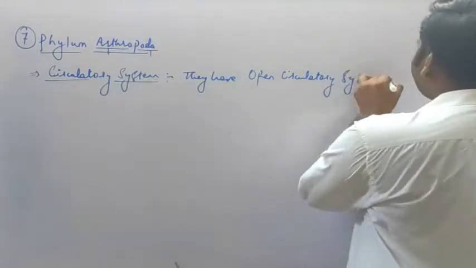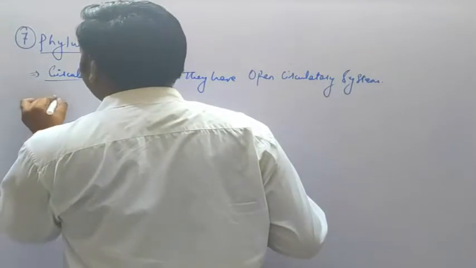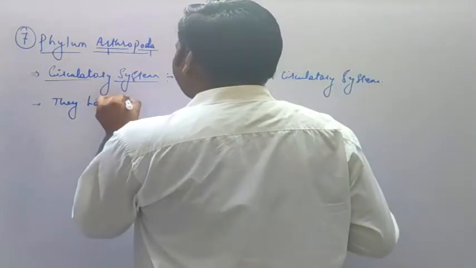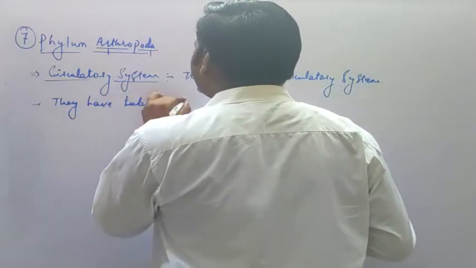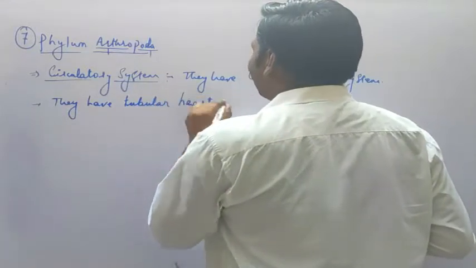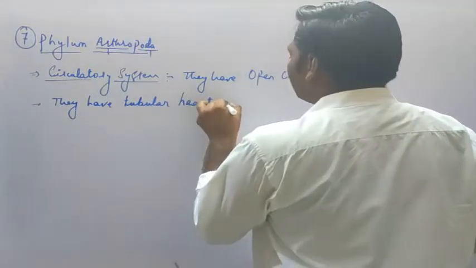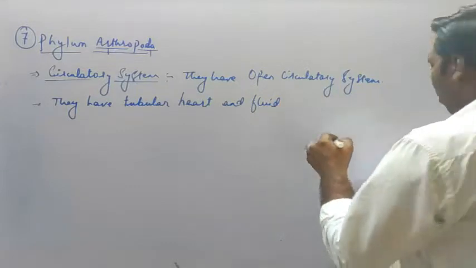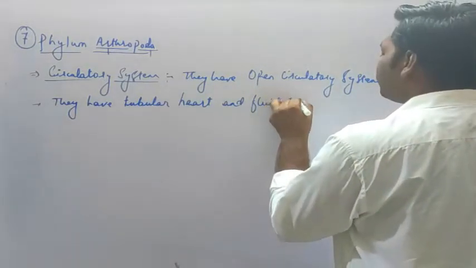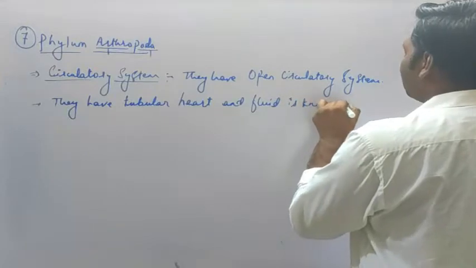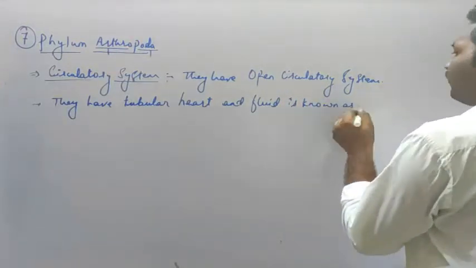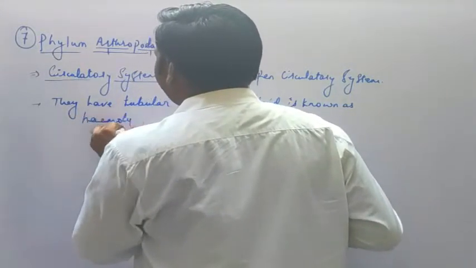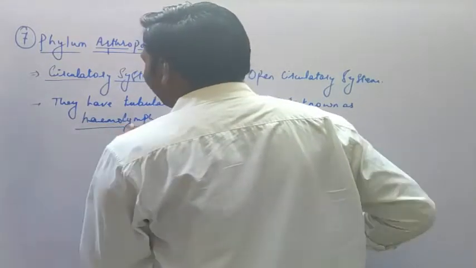So they have a tubular heart, that is the pumping organ, and the fluid which is circulating throughout the body is known as hemolymph.